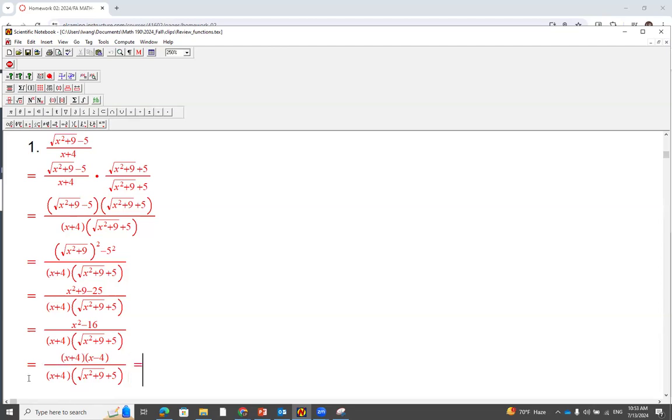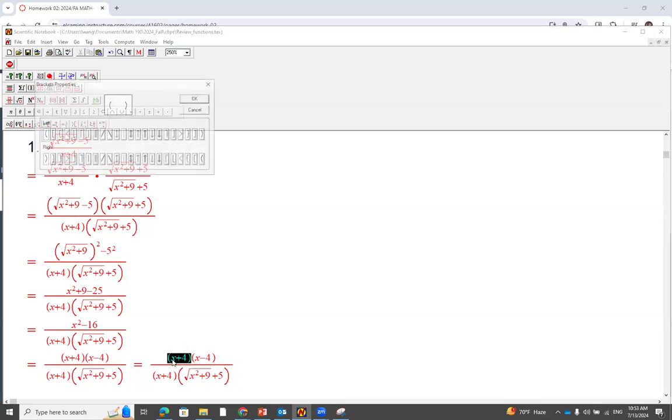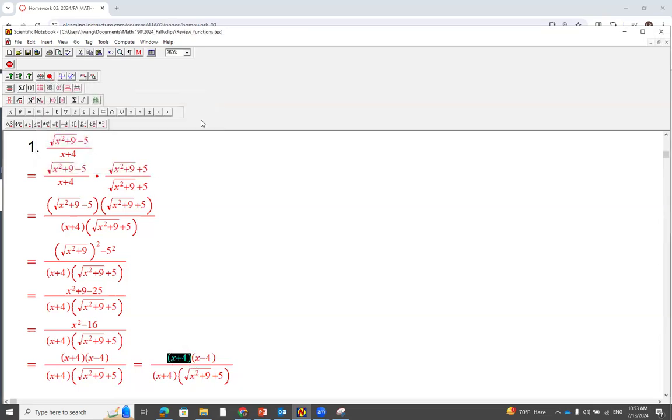So in the end, we'll get the reduced form, which will be without x plus 4 from the top and from the bottom. So we can remove the parentheses from the top and bottom, and that is the end of this question. And we no longer see radicals in the numerator. So the expression is called rationalized. And the latter is the same as the former.